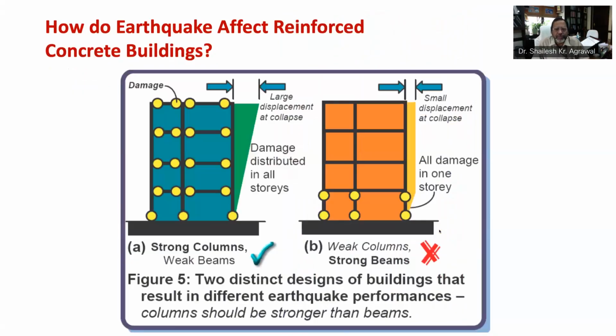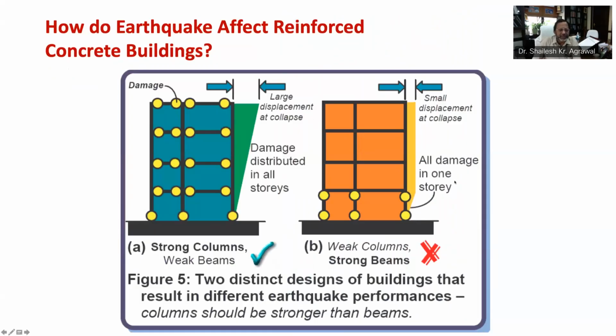For a building to remain safe during earthquake shaking, columns, which receive forces from beams, should be stronger than beams, and the foundation, which receives forces from columns, should be stronger than columns. Further, connections between beams and columns and foundation should not fail, so that beams can safely transfer forces to columns and columns to foundation.